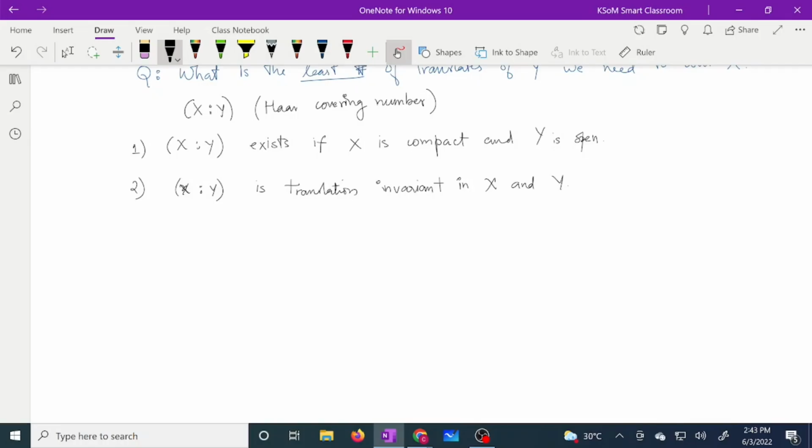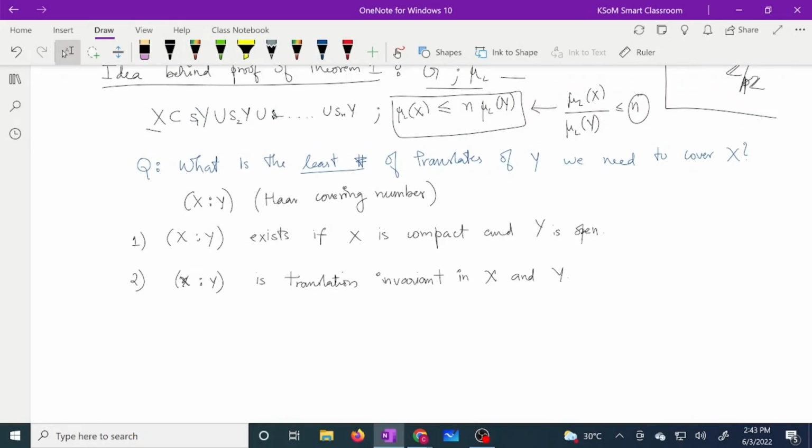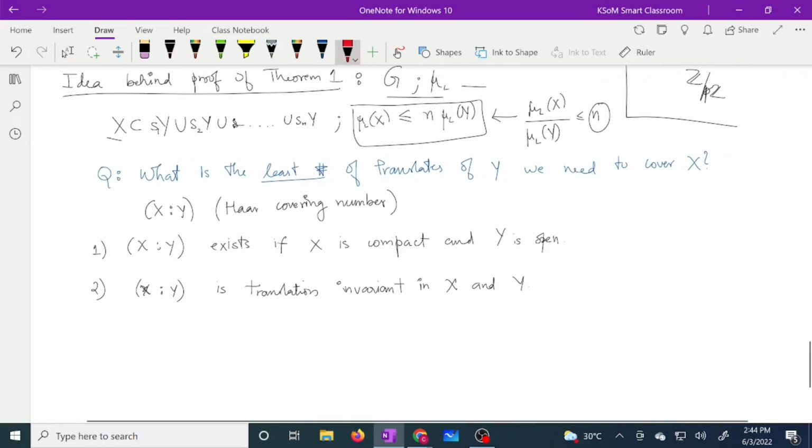What we are doing is taking X and covering X by the translates of Y, right? If I had started with some other translate, I can bring it back and do the same covering again. For example, if I wanted to cover tX, then I will use ts1, ts2, etc. So this number is not getting affected.